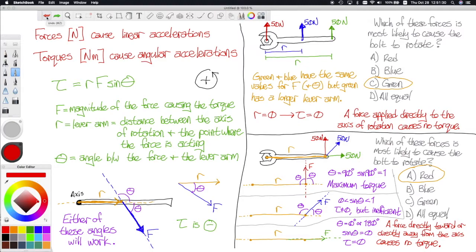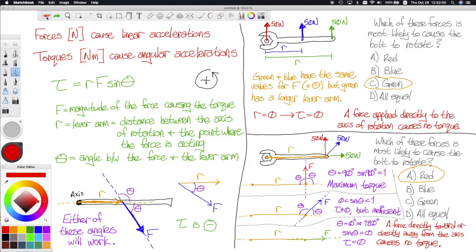So these are the two main effects, other than the strength of the force, that affect the torque that force causes: the length of the lever arm and the angle at which the force is applied. And for either the angle or the lever arm, we can apply a force in such a way that it exerts no torque at all. So all torques are caused by forces, but not all forces will create a torque.